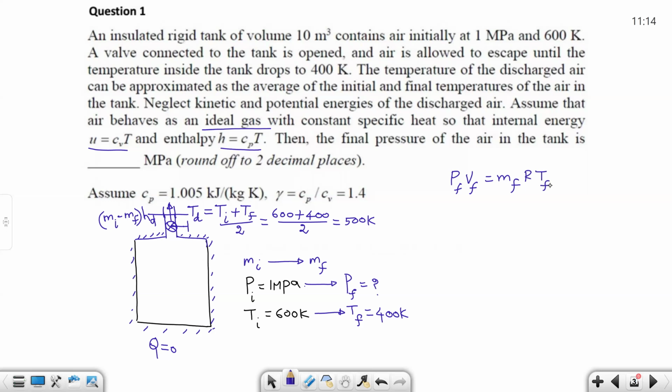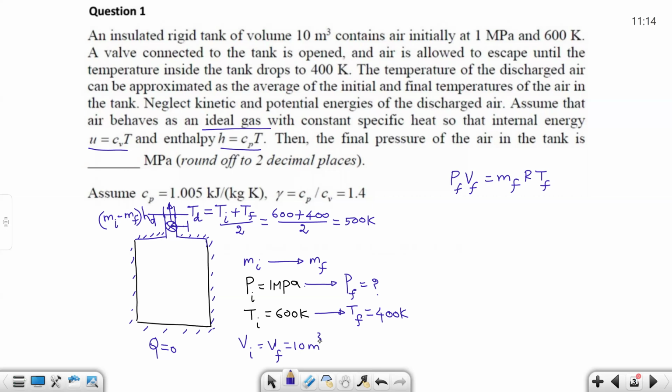The volume of the tank: the initial and final volume are the same, there is no change in volume, 10 meter cube.